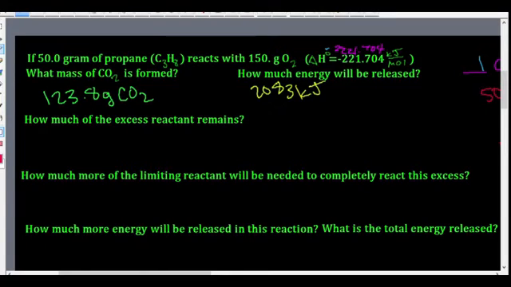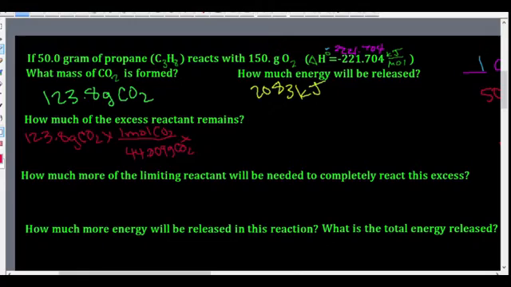Since this is my max yield right here, I'm going to go 123.8 grams of CO2 times 1 mole on the top of CO2 gives me 44.009 grams of CO2.